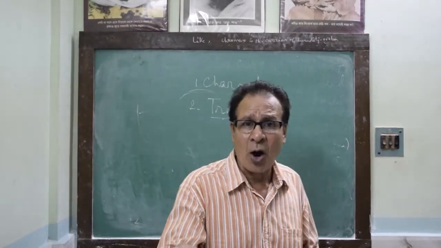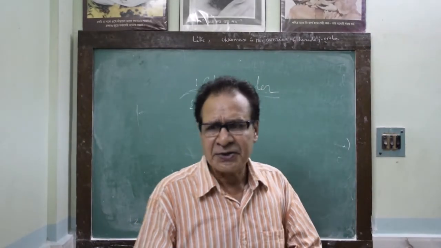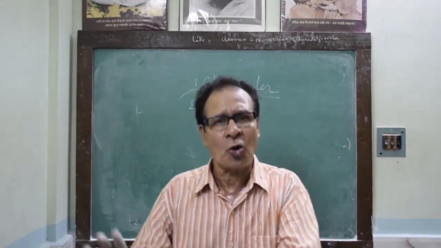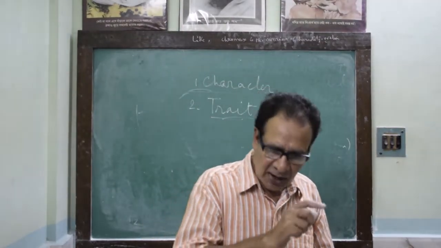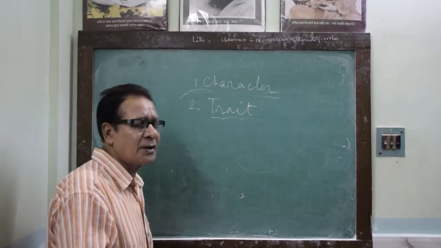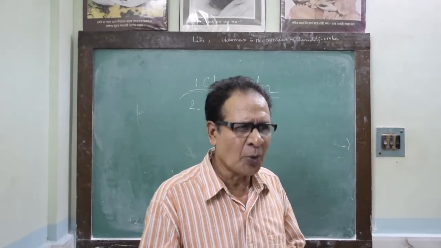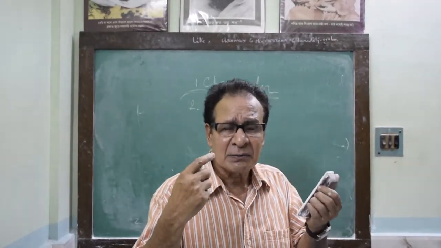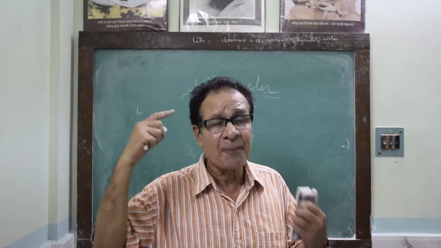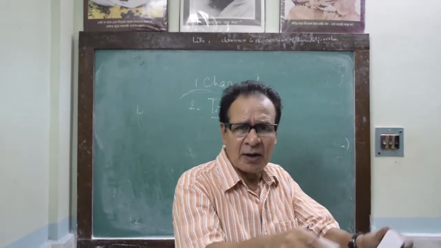So tall and dwarf are the traits. Height is the character, and the expression of the character either in the form of tall or in the form of dwarf is the trait. Almost all characters have two alternate traits. For example, in the human body, the color of eye, brown and blue, the shape of the hair, curly and straight, which I said before.